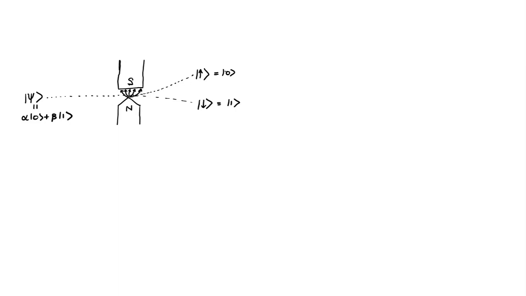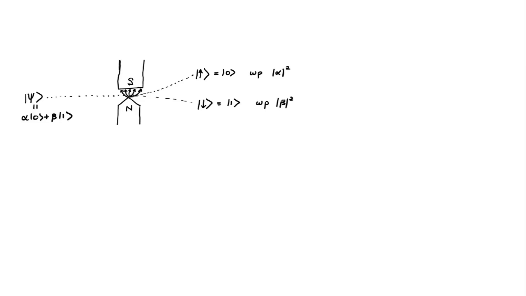Right? So if you were to now look to see where the electron is, okay, so if we looked here and figured out where the electron is sitting, which path it's taking, then we'll see this with probability alpha squared and that with probability beta squared.